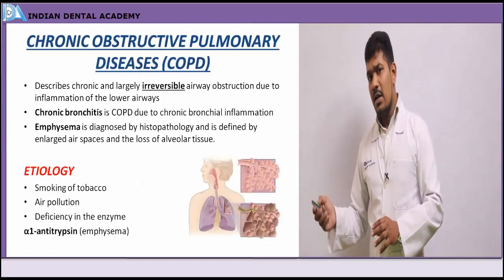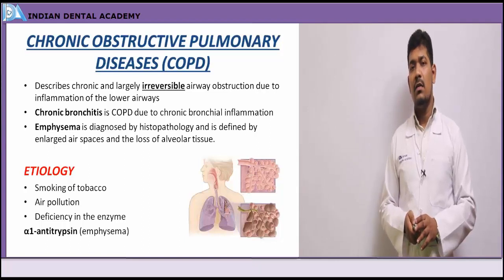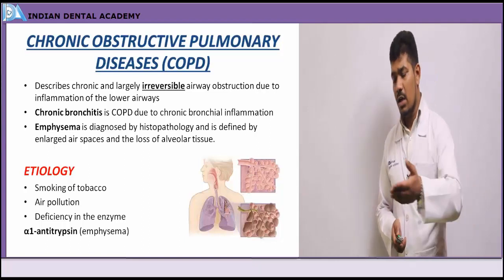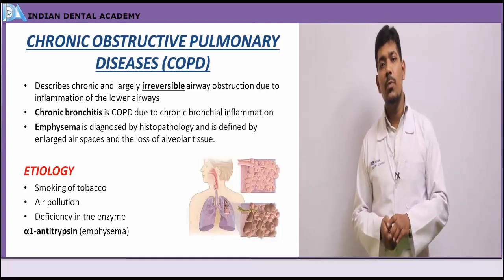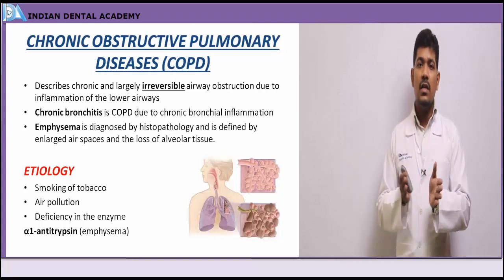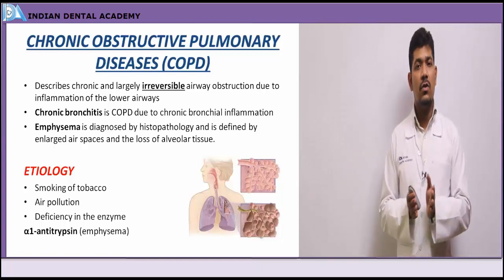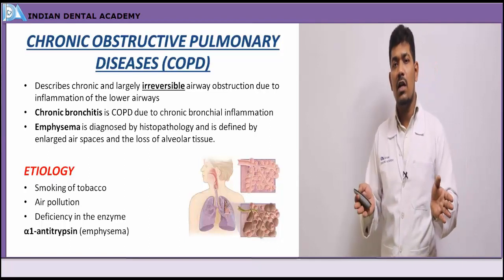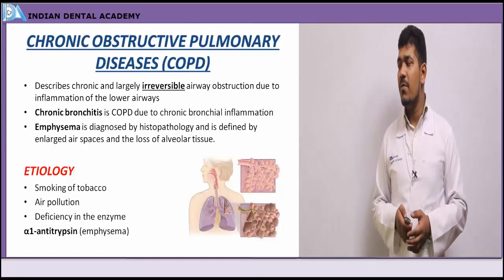The next commonly seen respiratory disease is chronic obstructive pulmonary disease, also known as COPD. Now this COPD has two subtypes, namely chronic bronchitis and emphysema.